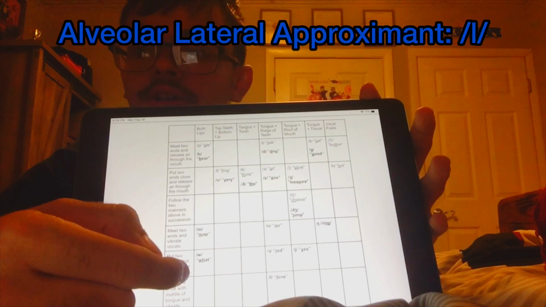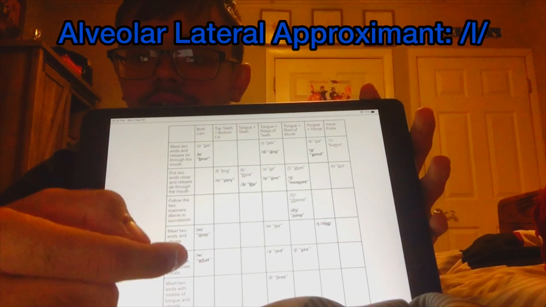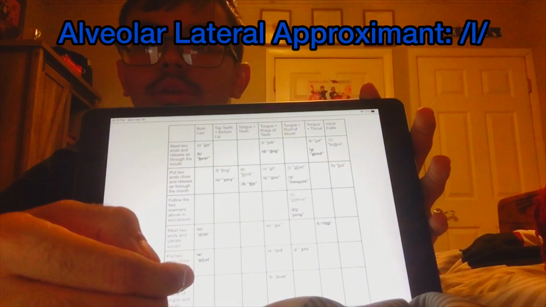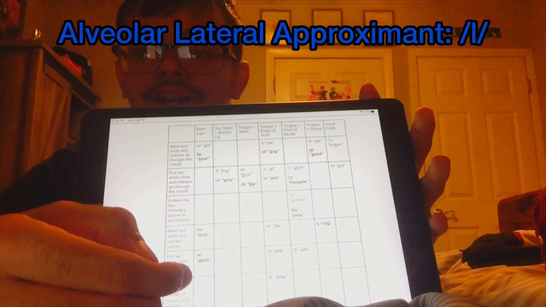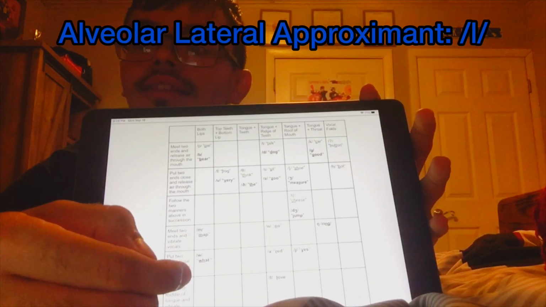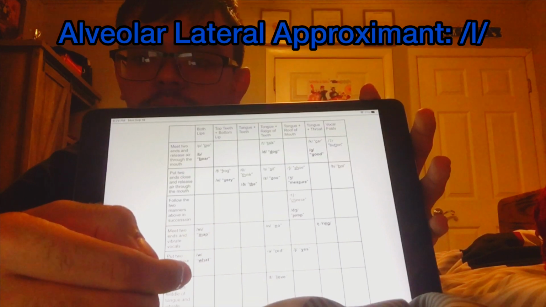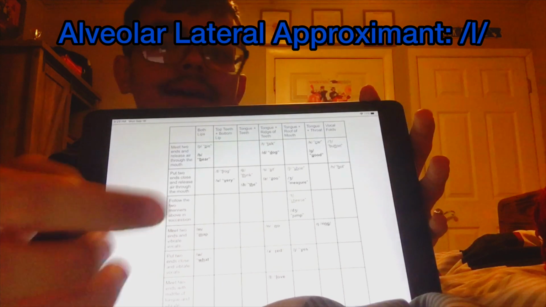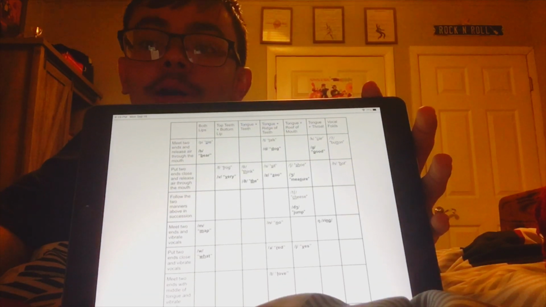L and r sound similar because they're approximant sounds that occur in the same place. Only r is a regular approximant and l is a lateral approximant. That's what a sound in this group is called, and as you can see, l is the only one that we have in English.